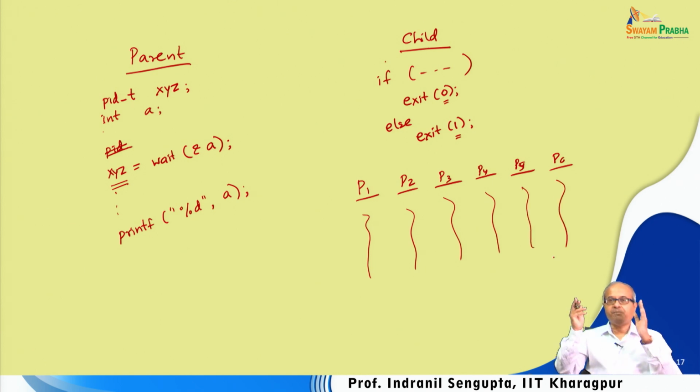Now, for a particular application, the processes that are created are usually not independent processes. They must coordinate among themselves to carry out a certain specific task. So, they need to communicate among themselves, they may need to share some common variables, common data, and so on.